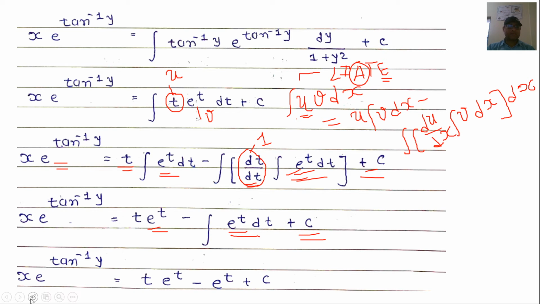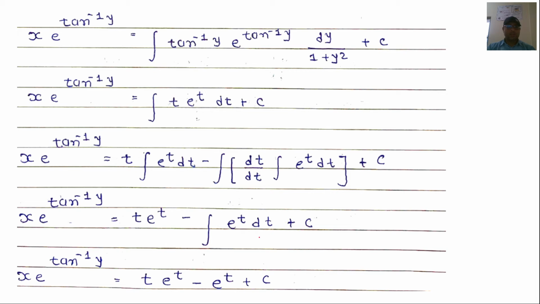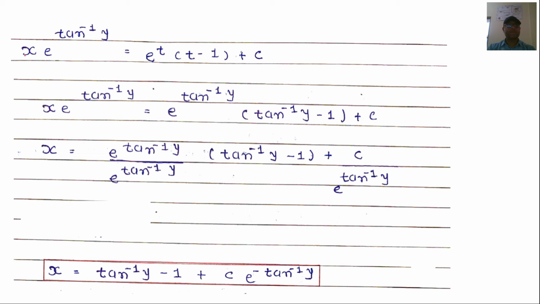Now again, integration of e raised to t is e raised to t. Now from these two terms, take e raised to t as the common. So finally you will get x into e raised to tan inverse y is equal to e raised to t common, t minus 1 plus c.